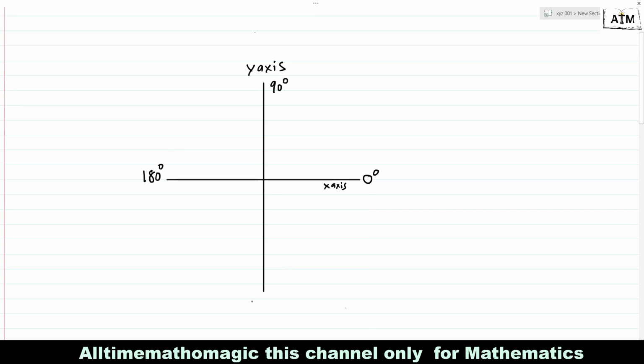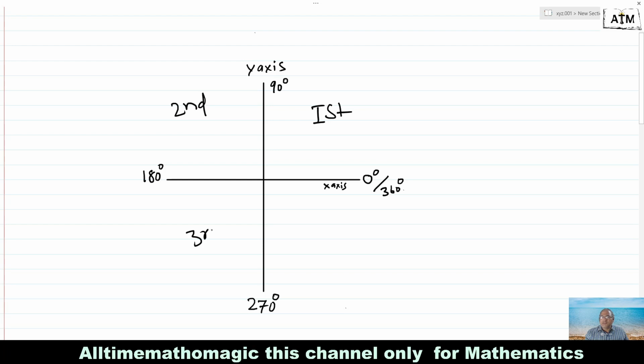In the third quadrant the angles are 180 degrees to 270 degrees, and in the fourth quadrant the angles are from 270 degrees to 360 degrees. Now this is the first quadrant, this is the second quadrant, this is the third quadrant, and this is the fourth quadrant.